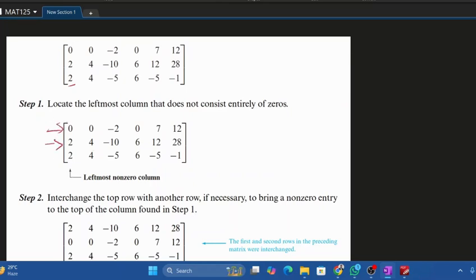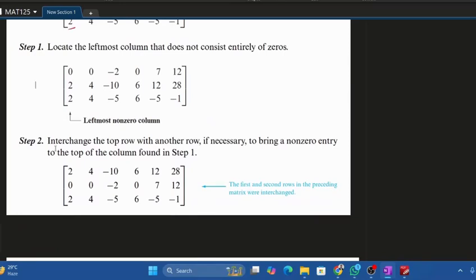Because we have to have a non-zero number in the first entry of the column we located. So if we have a 0 here, then we have to interchange. Otherwise, let's say we had 6 here, we would not have to interchange, because we already have a non-zero. If we have a 0, then we shift the 0 down and make the other one go up.